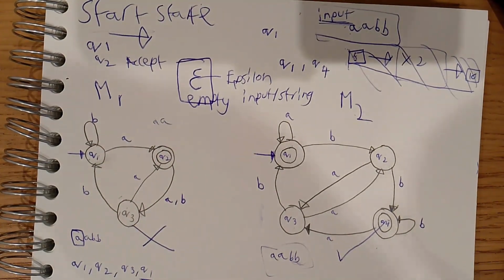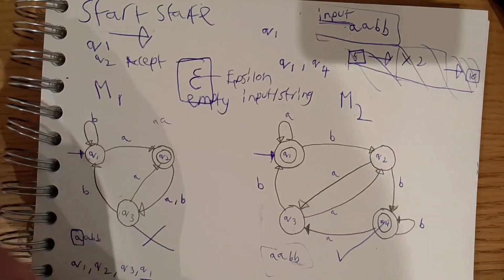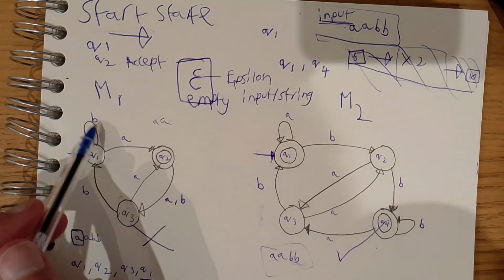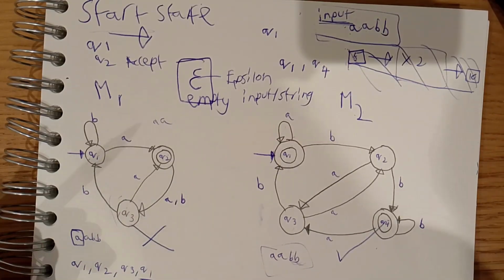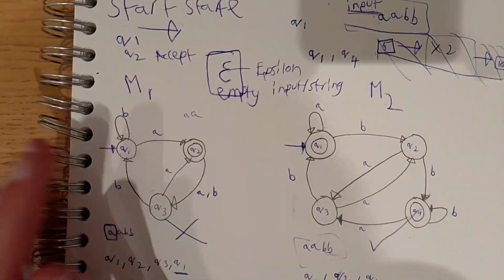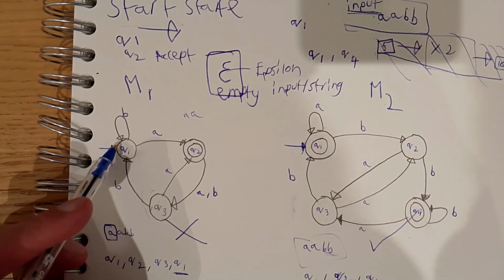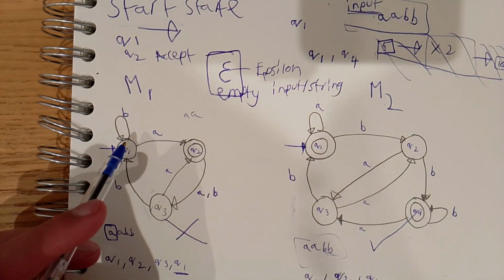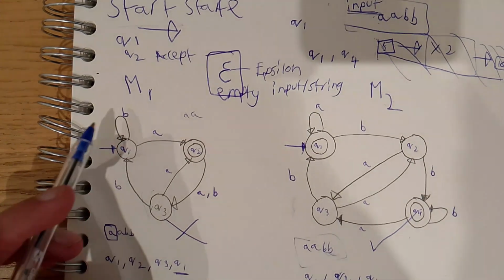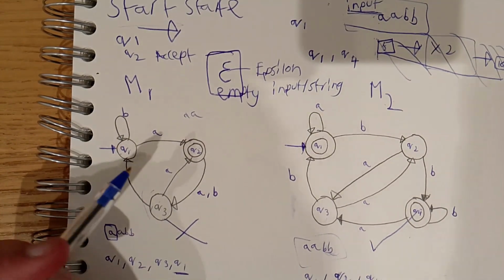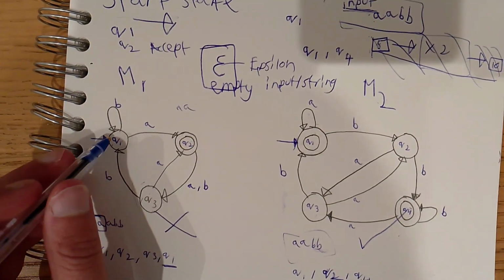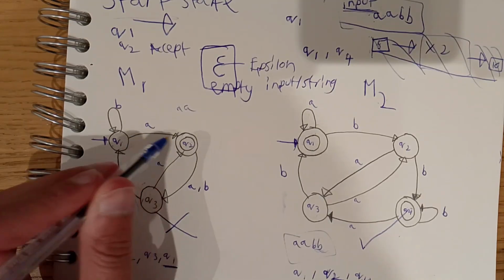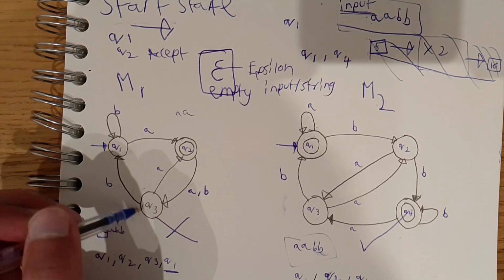It says, does the machine accept the string epsilon? If you input nothing, which is essentially just the start, you don't go through any transitions, then will it accept it? This means that in the starting state, it will just stay in that state and not move. So it will only accept the epsilon string if the starting state is an accepting state. A is not empty, B is not empty.